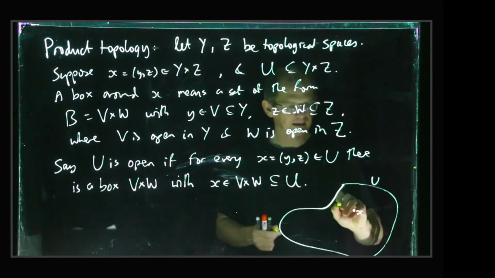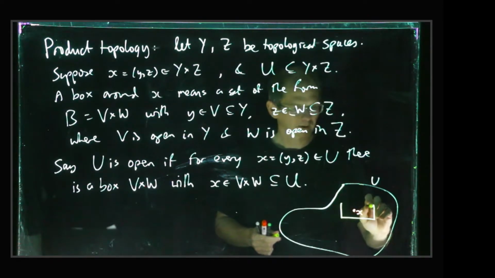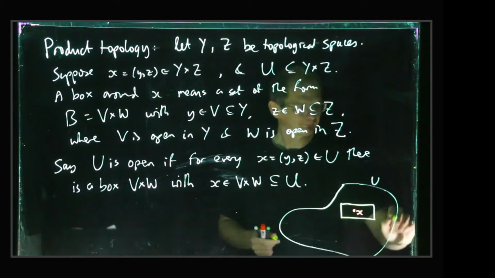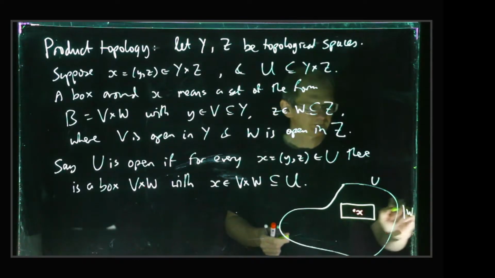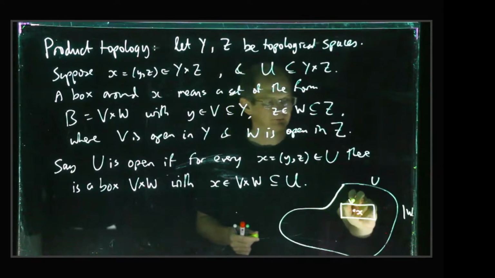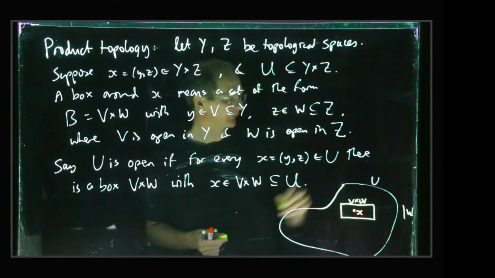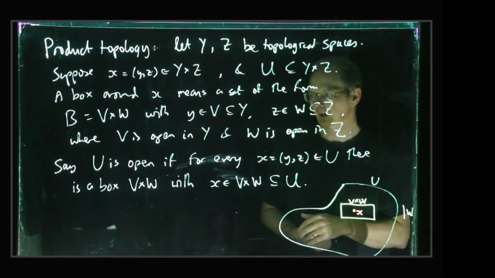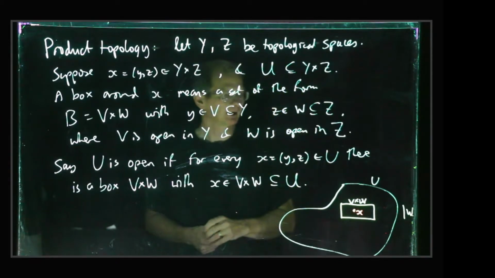The box would be like this. So here's our V, here's our W. This is V cross W. It's a box around X that's contained within U. And if every point in U has such a box, then we're saying that U is open.